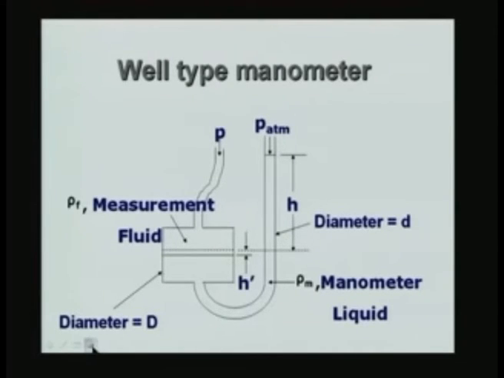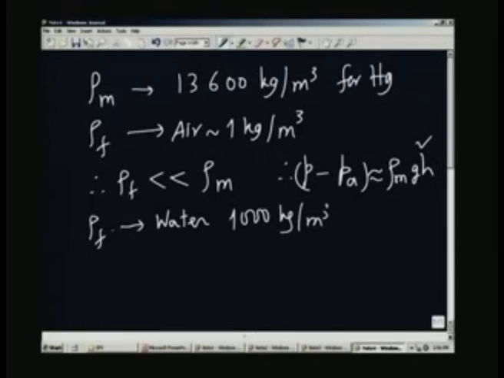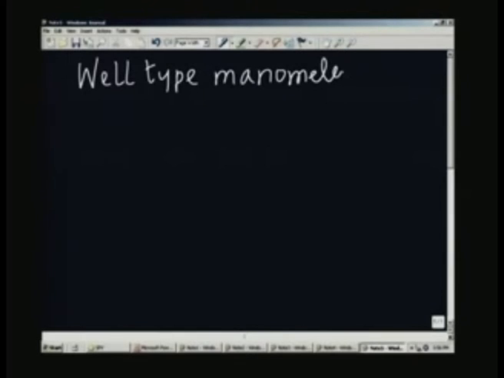So, let me just write it on the board, and we will take the well type manometer. I will schematically draw a sketch. The pressure is indicated here.